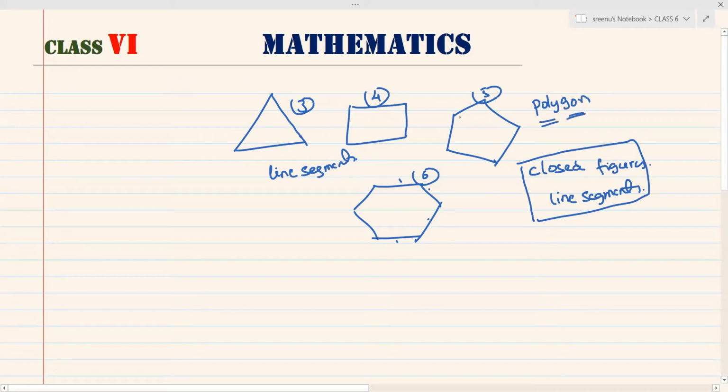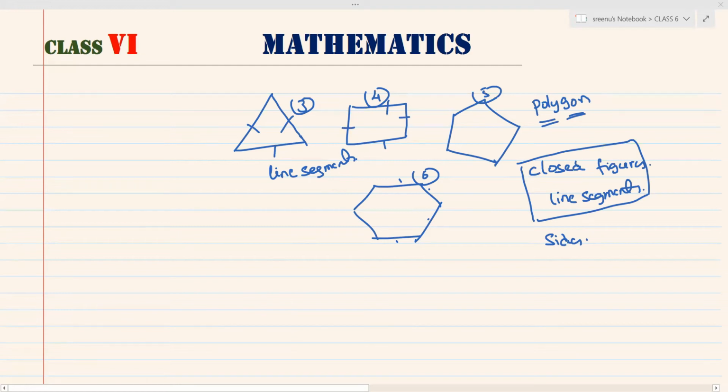These line segments we call sides, so we can define it like this: a polygon is a closed figure bounded by line segments.